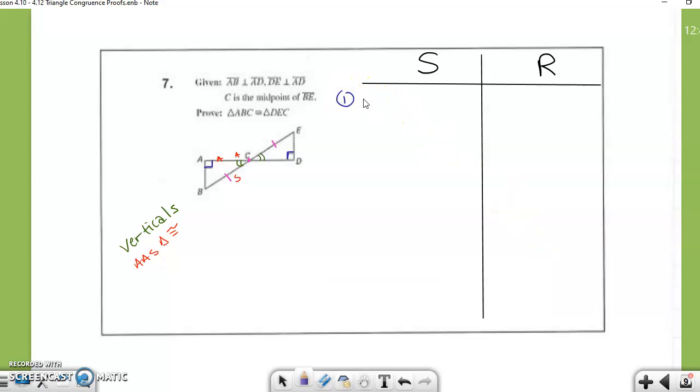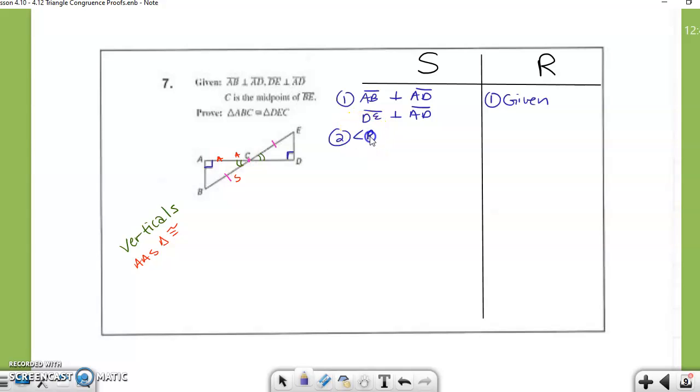So I'm going to start off that AB is perpendicular to AD and DE is perpendicular to AD. This was my given information. Because of that, I was able to add that right angle notation.